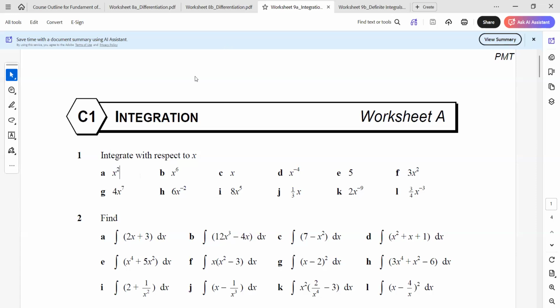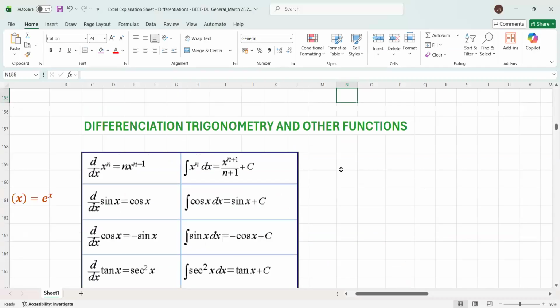Yes, sir. Okay, so let's go back here. Let me copy this function.